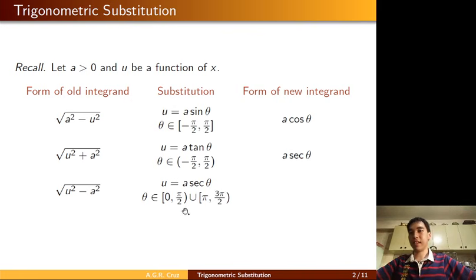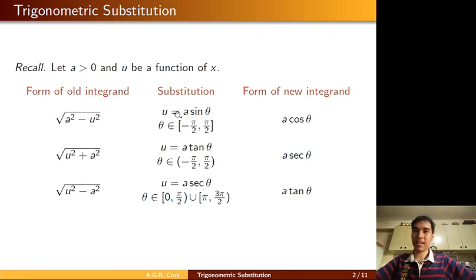And in this case, we exclude pi over 2 and 3 pi over 2, no? Kasi undefined si secant at those points. In fact, ganun din kay tangent theta. It's not defined at negative pi over 2 and at pi over 2. Okay? So if you now replace u with a secant theta in this expression, that will simplify using identities again into a times the tangent of theta. So again, kapartner ni secant si tangent, no?